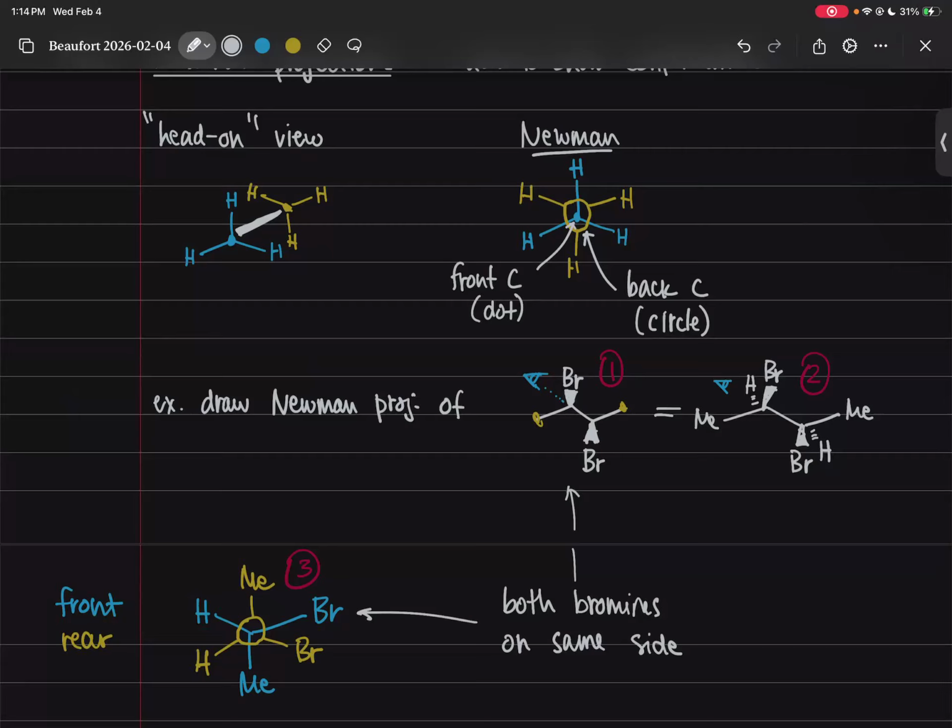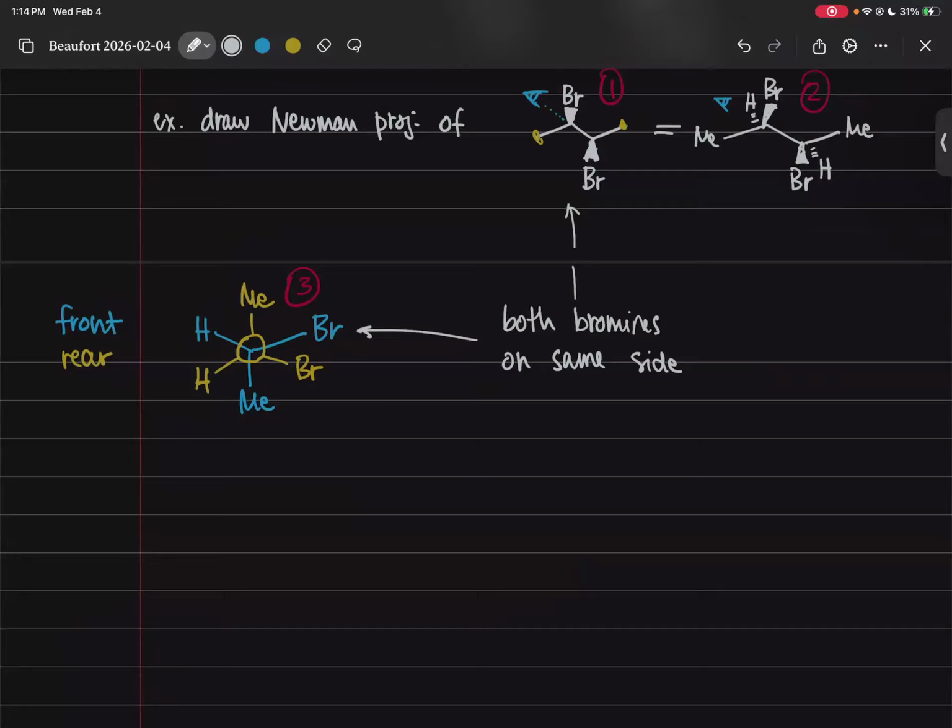Yes. As opposed to me drawing that just with lines, that's ambiguous, and you could draw a couple of different Newman projections that would be correct there. But if I was just asking you to draw one, then yeah, I'll give you the wedges and dashes. Okay.